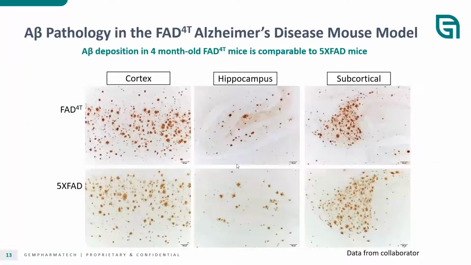The data from collaborators of ours with this mouse model shows that when compared to the 5X FAD on the bottom, A-beta plaques in the cortex and hippocampus of 4-month-old FAD4T mice are comparable to those of similar age 5X FAD mice.